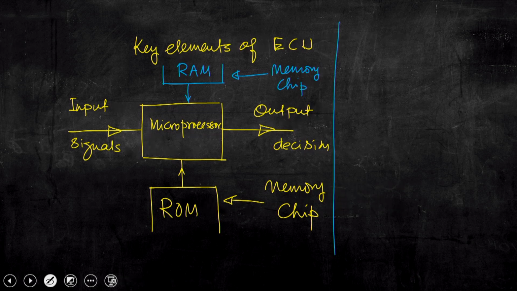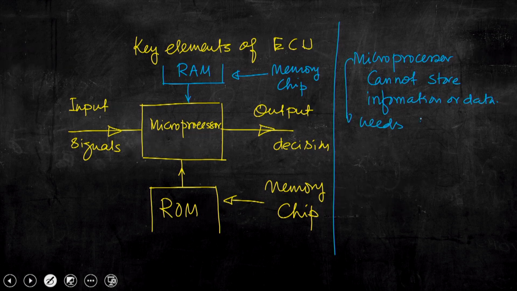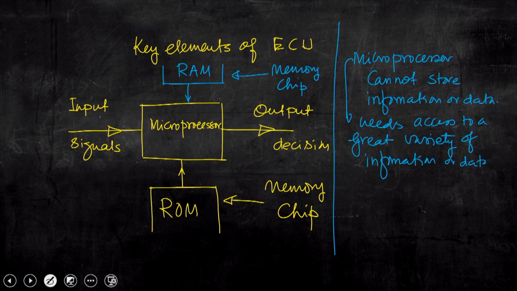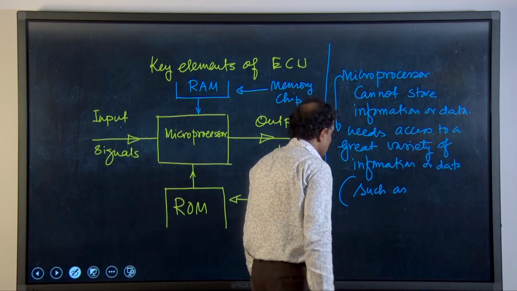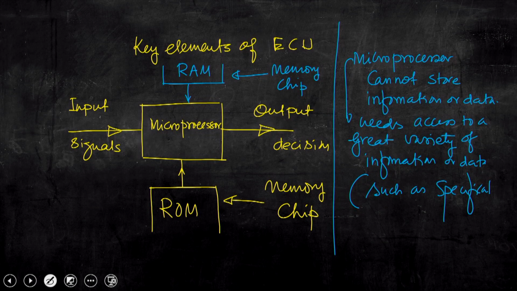Right. So, what I said, this microprocessor cannot store information or data, but this microprocessor needs access to a great variety of information or data essentially to take the decision, right, and those information or data such as specifications, formulas, etc., right.